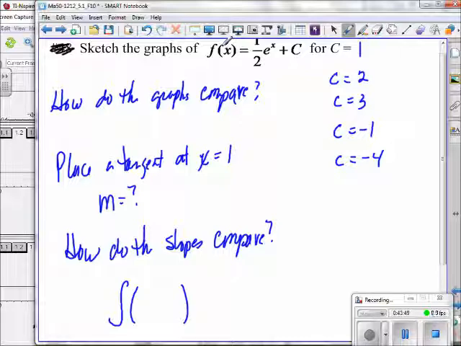The capital F is only there when we're talking about both together. Otherwise, if I give you f of x and I say, find the derivative of this, you're still going to let this be the function. So this is the function. What's the derivative? And the derivative would be 1/2 e to the x. Okay.